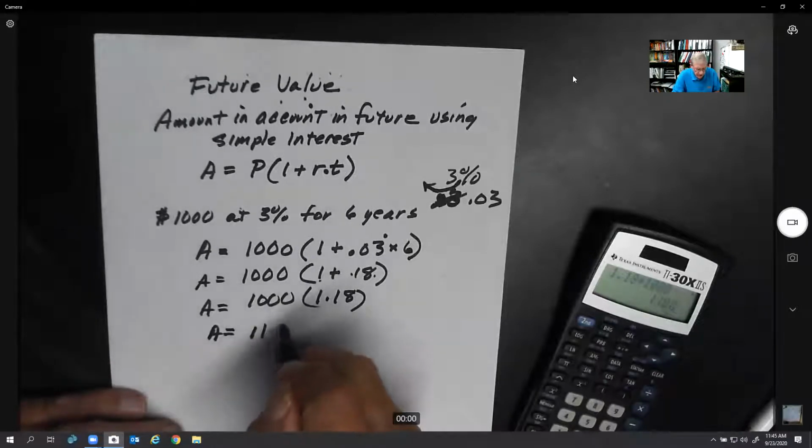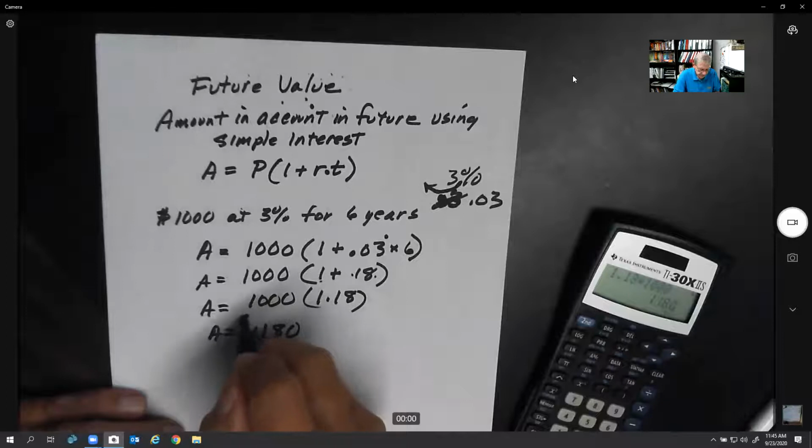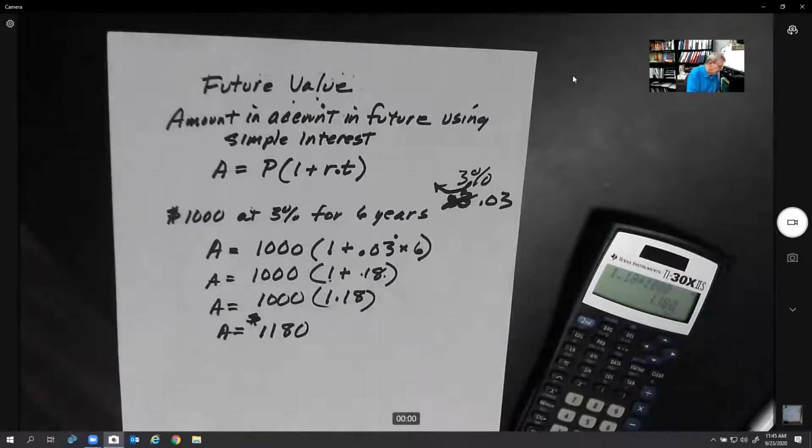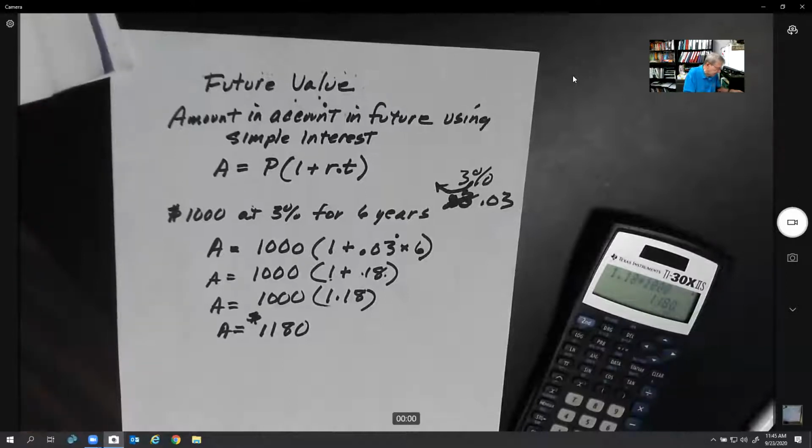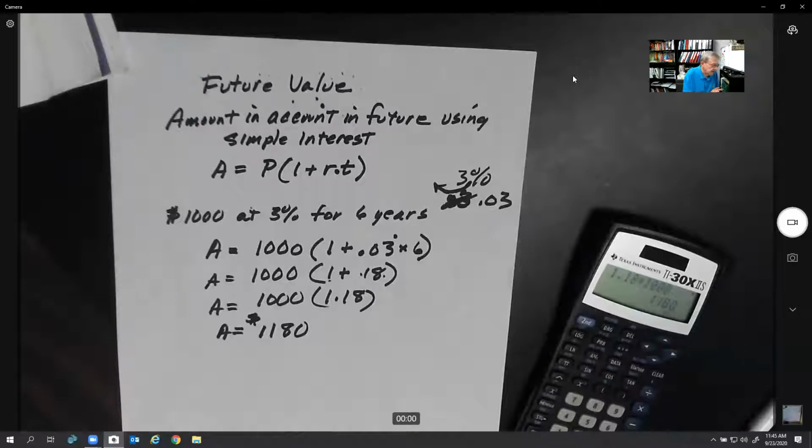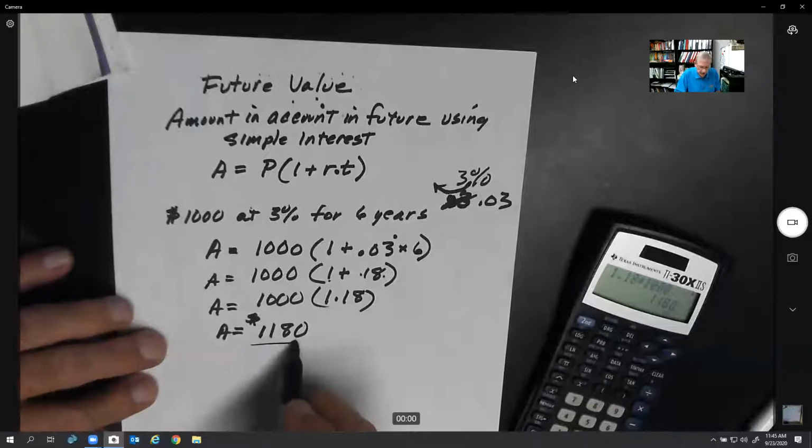It doesn't seem like a huge amount, but at 3% it's not a real huge amount of interest. That's what we call the future value.